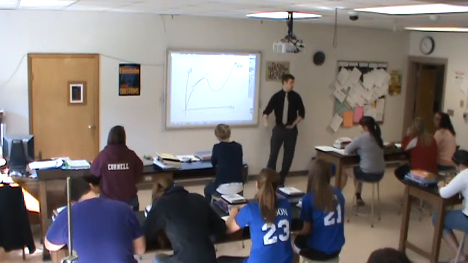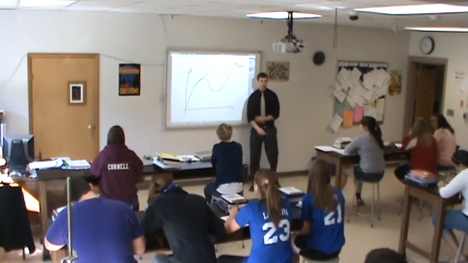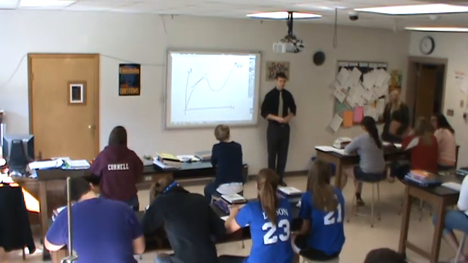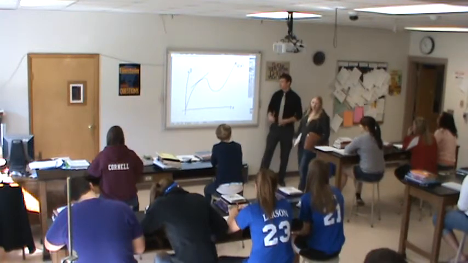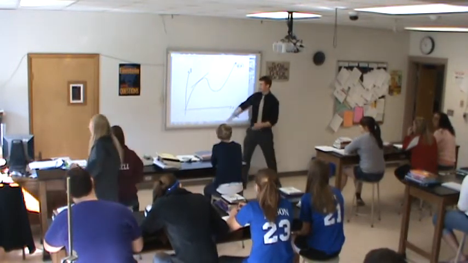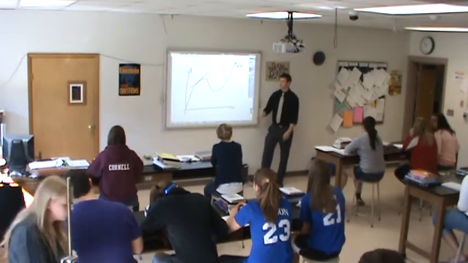That's just a line, and we know how to find the slope of a line. But what do you need to be able to find the slope? You're going to need more than just 1 point. 1 point doesn't tell you anything. You're going to need 2 points. Once you have 2 points, then you can use the slope formula, which we're going to review in a little bit.